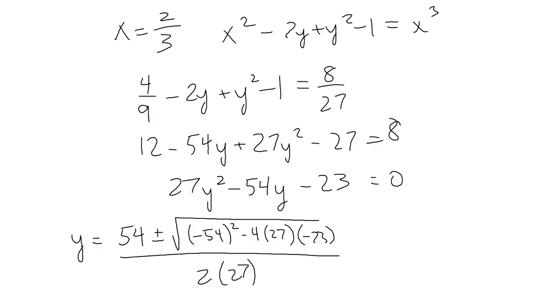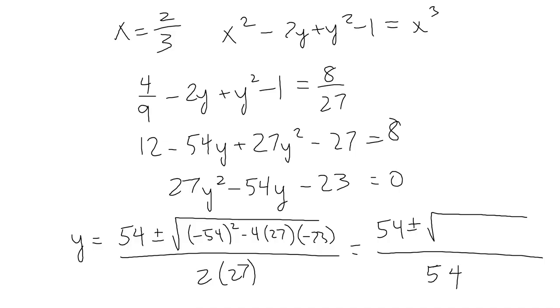So lovely, nice little thing we got going here. It's now 54 plus or minus the square root of something over 54. We'll deal with that in a second. So, negative 54 squared minus 4 times negative 23 times 27, which ends up being just plus the 4 times the 27 times the 23.